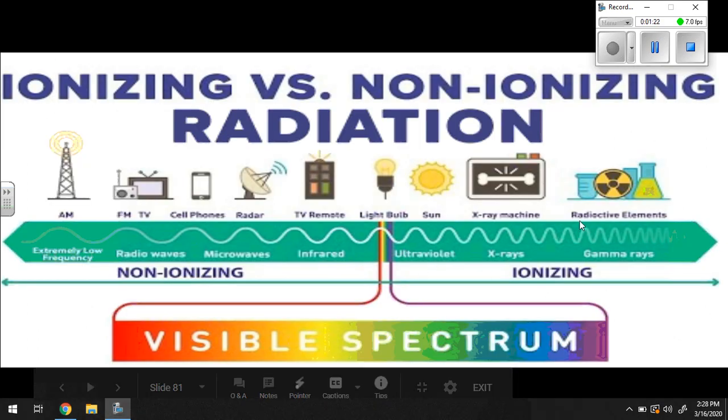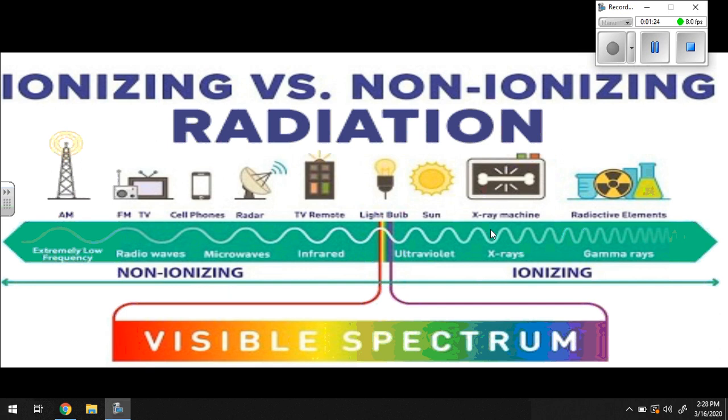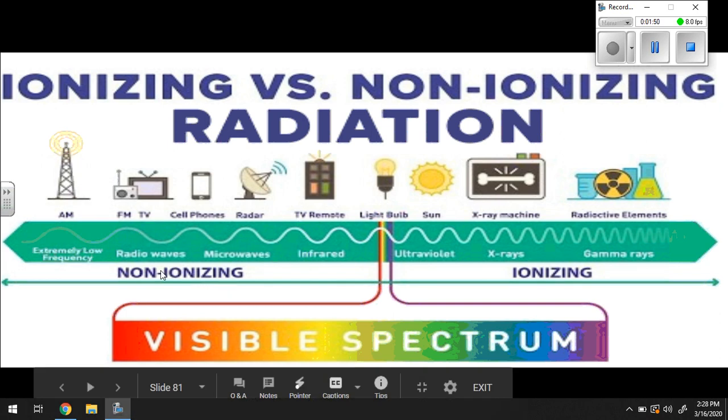The waves higher up on the electromagnetic spectrum, like ultraviolet, X-rays, and gamma rays, are ionizing. Those are more dangerous to human tissue because they kick out the electrons and change the atoms themselves. The other types, radio waves, microwaves, infrared, and visible light, are non-ionizing radiation.